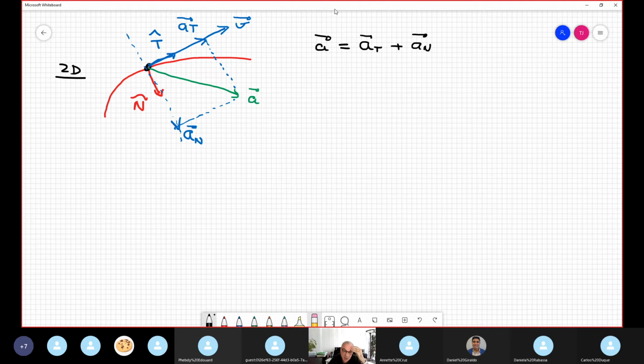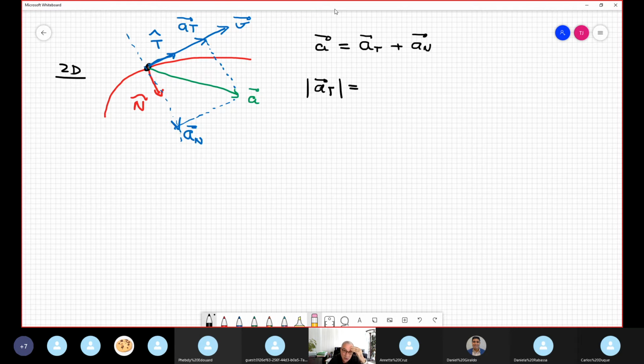So for example, in order to find the magnitude of the tangent component, the only thing you should do is find the horizontal projection in the direction of the velocity.